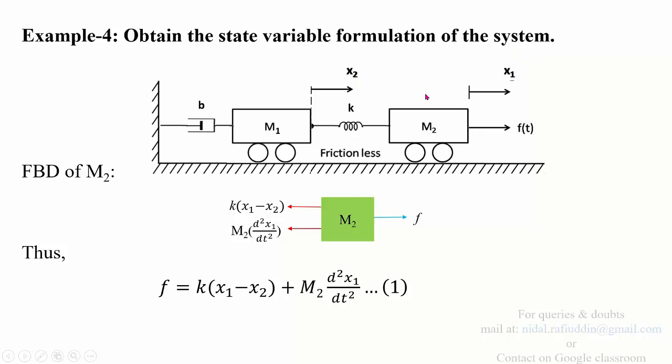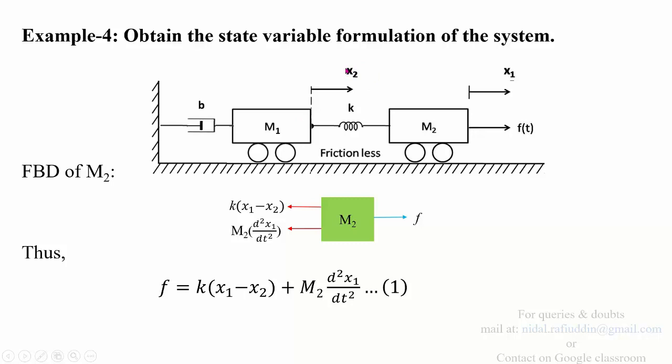In this figure, we have taken displacement x1 for mass M2, x2 for mass M1. I guess x1 is associated with the input applied, which is why we call this x1. So we have the displacement of mass M2, which means that the state variables for mass M2 will be x1 and its velocity, which is x1 dot. The other state variables would be x2 and its velocity x2 dot.